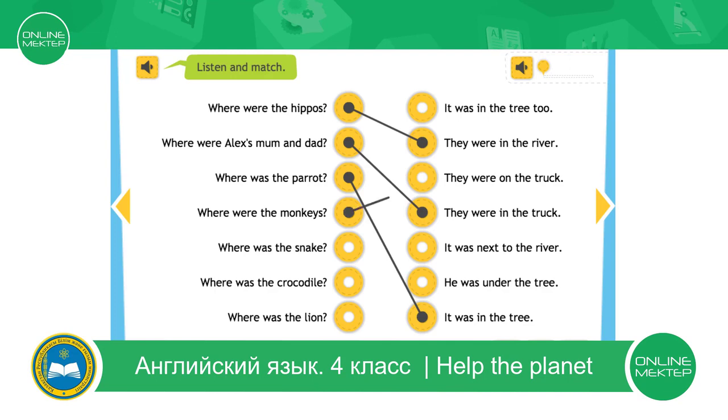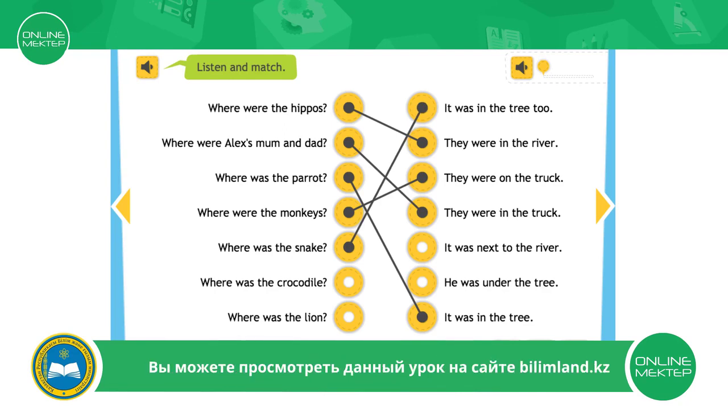They were on the truck. What about the snake? It was in the tree too. Where was the crocodile? The crocodile was next to the river. Where was the lion? Under the tree.